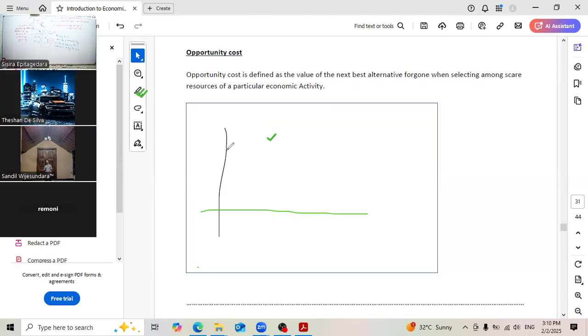you can draw a PPC like this. How to show the opportunity cost? When moving from one point to another point on the PPC. Assume this is the diagram, Lamai, the diagram which is on my whiteboard.